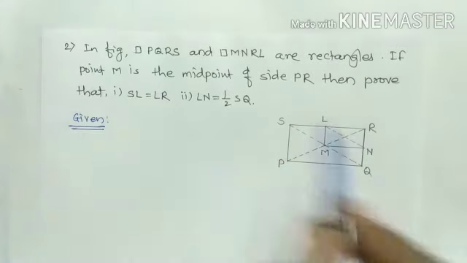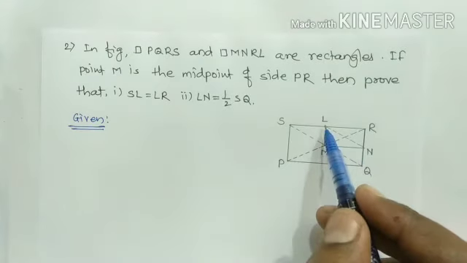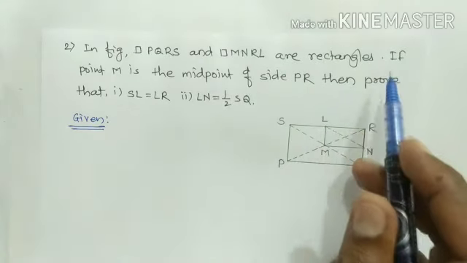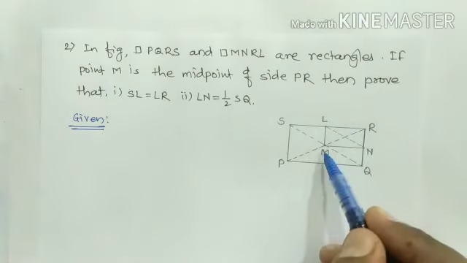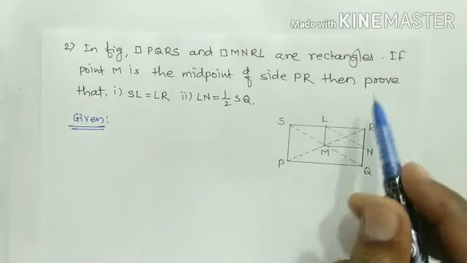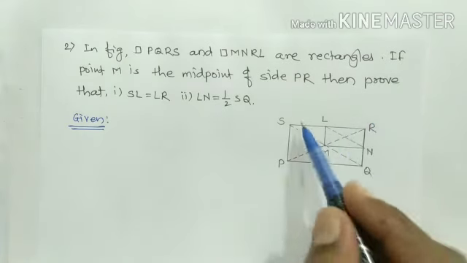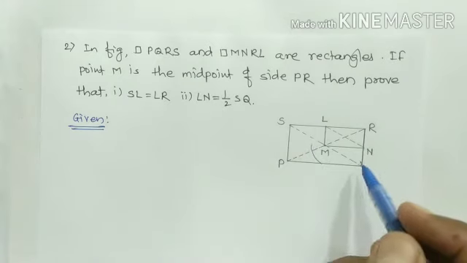In figure, quadrilateral PQRS and quadrilateral MNRL are rectangles. If point M is the midpoint of side PR, then prove that SL equals LR and LN equals half SQ.